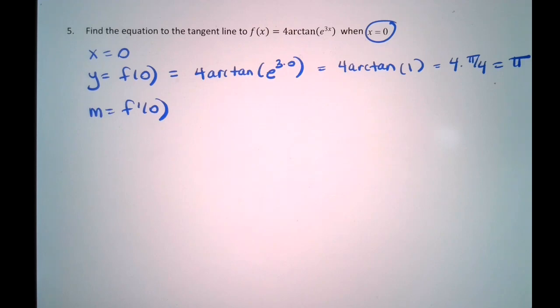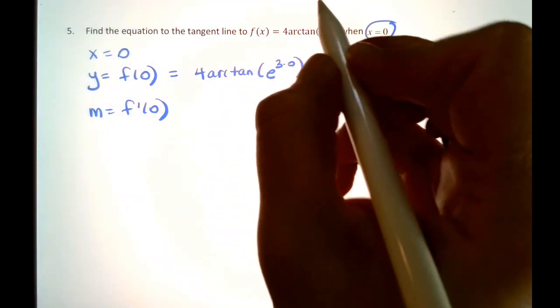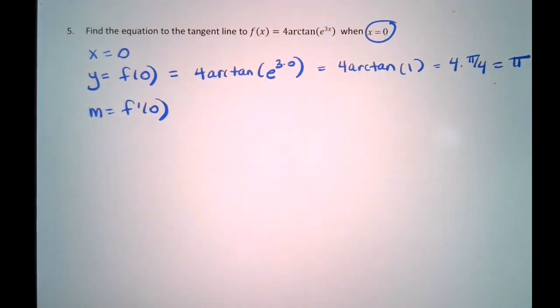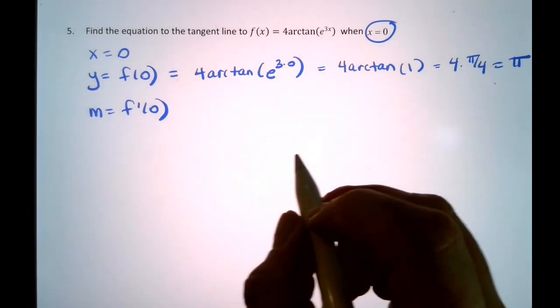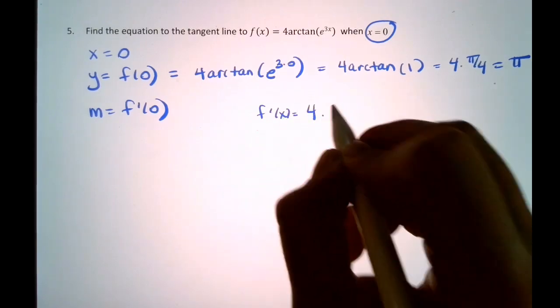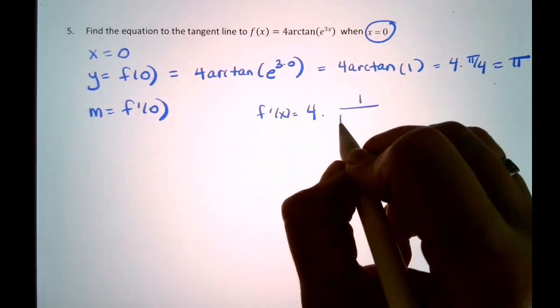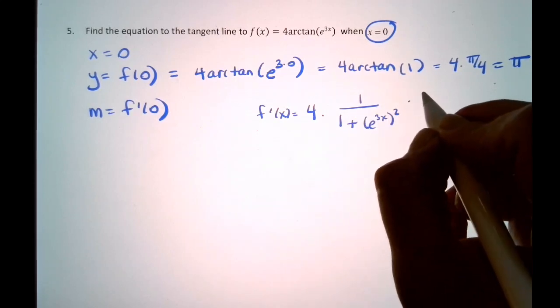Now, your slope, let's think about it. Your slope is the derivative. So let's do that. I guess I'll just do f of x here. F prime. Okay, so the derivative of arctan, remember, is 1 over 1 plus what's inside squared, and don't forget to chain it.